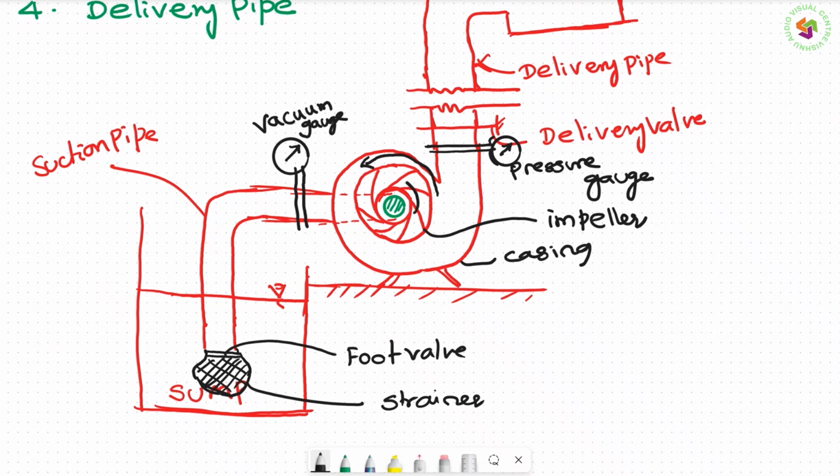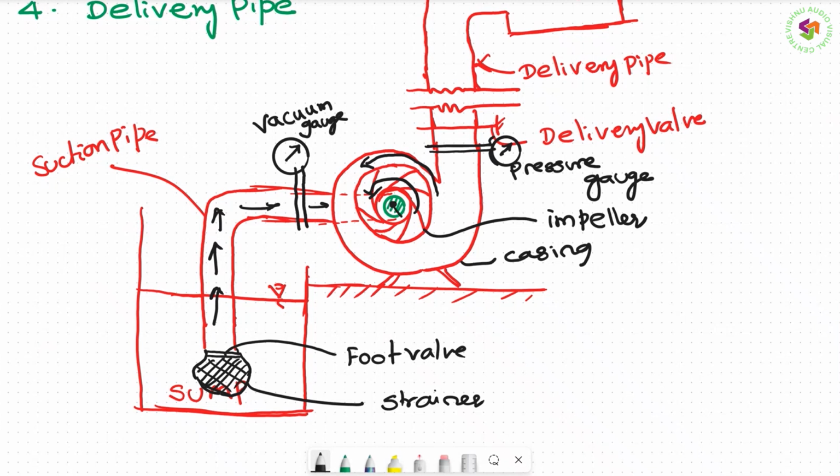The impeller is rotating like this. The impeller is being rotated by the energy coming from the motor, right? Because of its rotation, water is pushed up. From here, the water is sucked from the suction pipe and goes into the centrifugal pump.